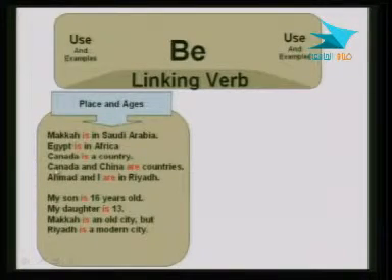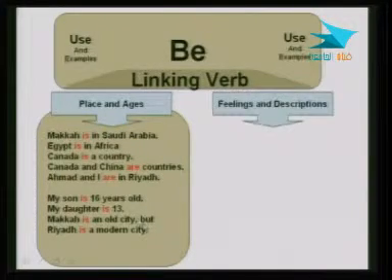Look at this sentence: we have two countries, so we use the verb be, are. Ahmed and I, also we use are. Ahmed and I are in Riyadh. And then about ages. My son is 16 years old. My daughter is 13. And Mecca is an old city, but Riyadh is a modern city.